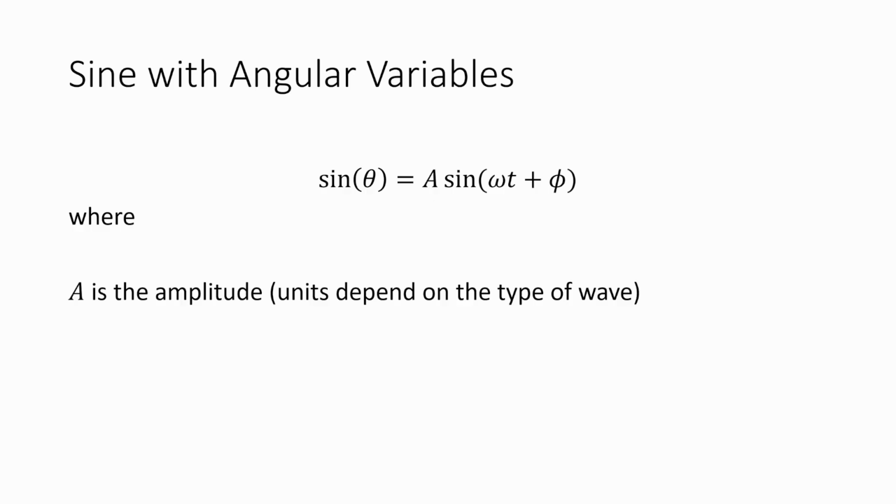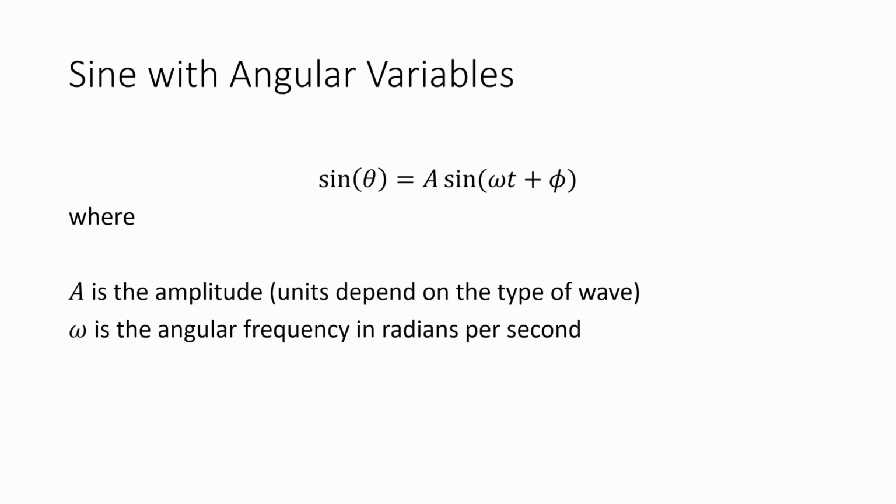If we're looking at a sound wave, so this is a pressure wave, then your amplitude might have units of pressure. I can't list all the kinds of waves out there, but different waves represent different physical variables in the world: distances, pressures, electric fields, magnetic fields. So the units that the amplitude has tells you the physical nature of the wave.